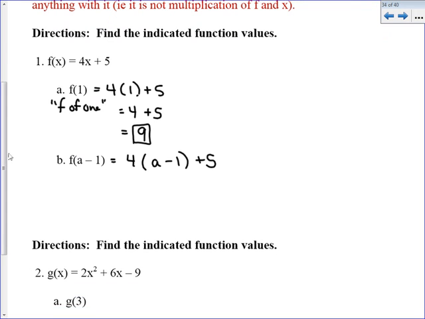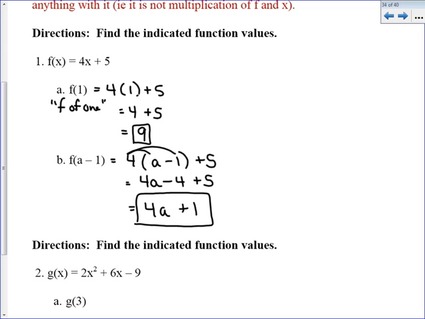I'm not just going to get a number here because it's got an a in it. I'm going to have to distribute that 4. So I have 4a minus 4 plus 5. And back to the first day, we can combine our like terms, which is 4a plus 1. So function notation is just an easy way to show replacing.